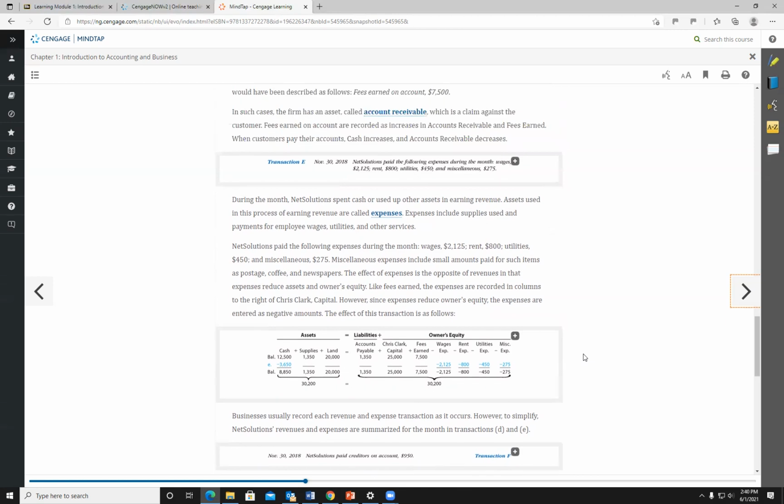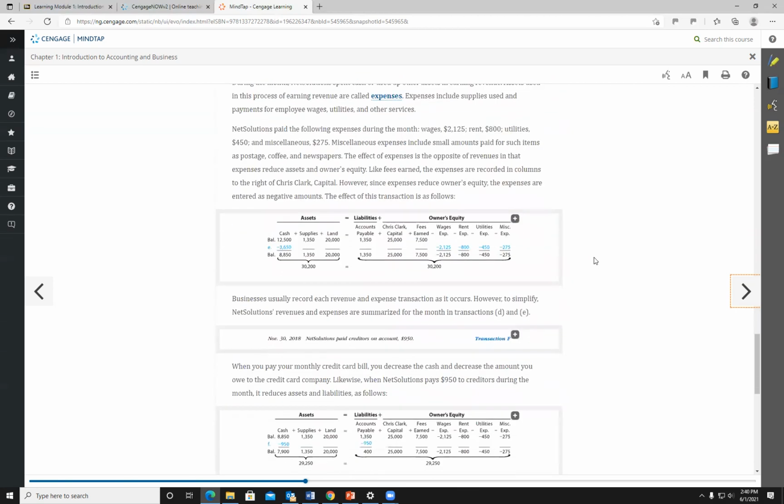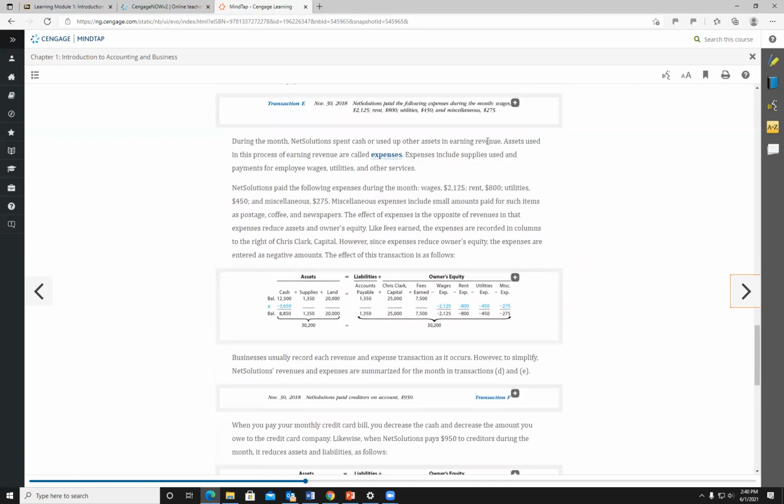Well, real quick, we talked about revenue. Revenue earned increases owner's equity because that's money coming in. Expenses are the opposite. Expenses is money going out. It's your outflow of cash. So all these expenses add up to $3,650. So we have now decreased our cash because it's cash out. It's outflow of cash because we have to use cash to pay our expenses.